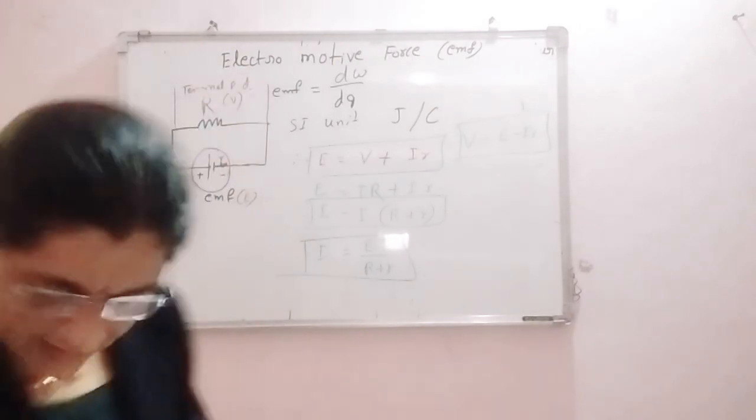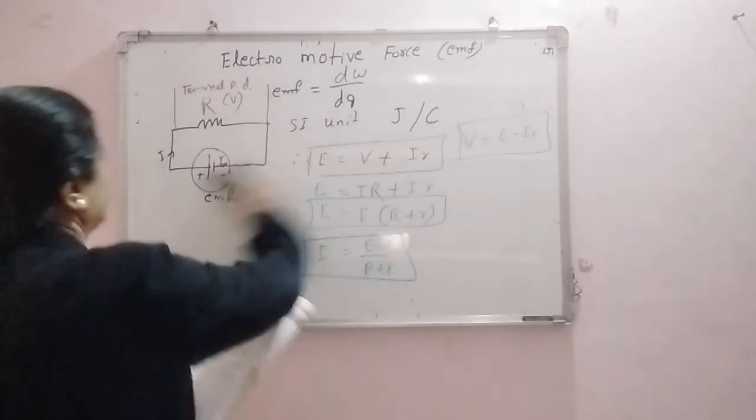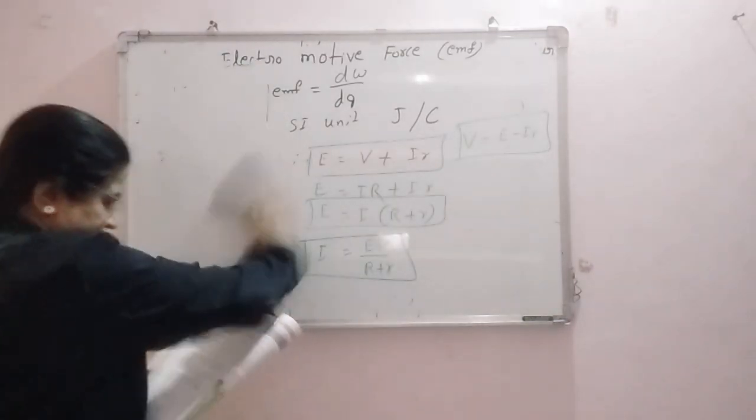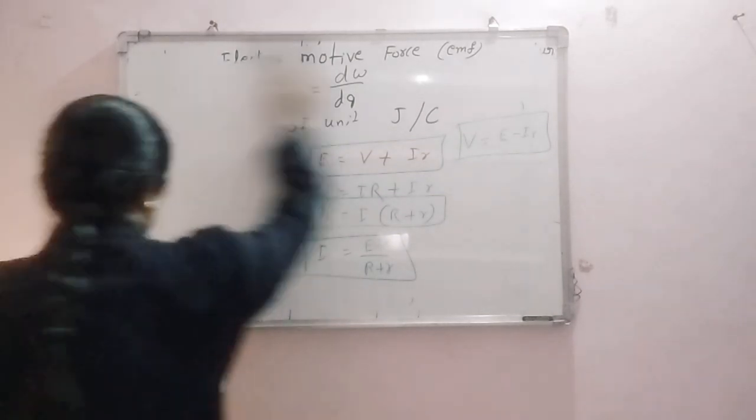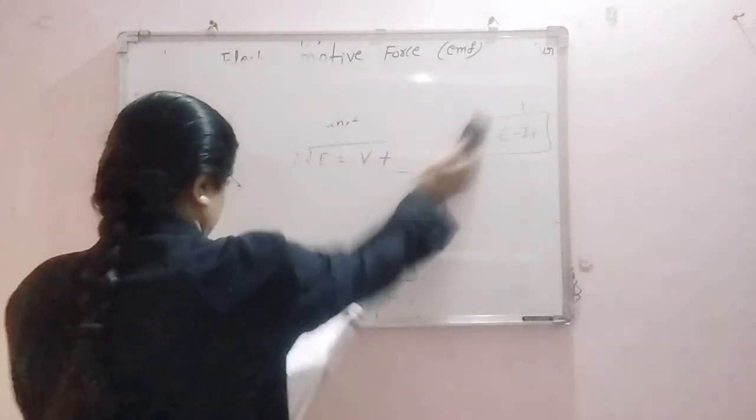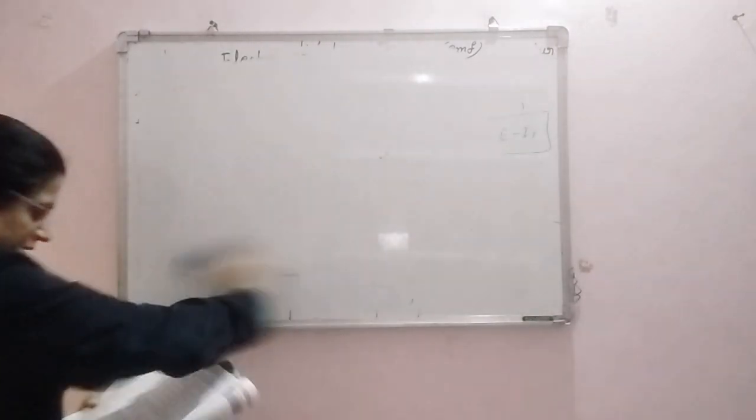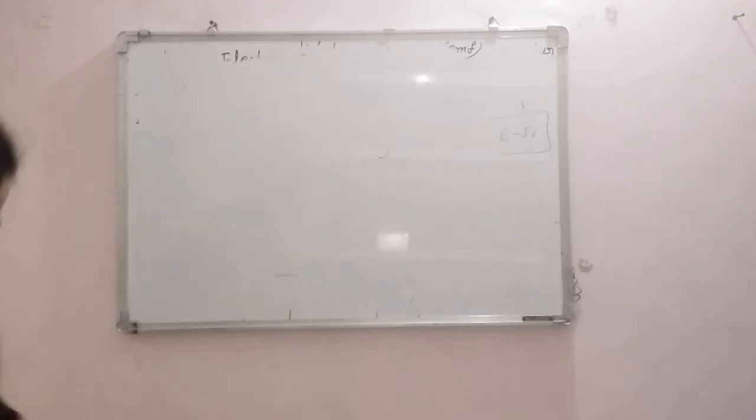A battery of EMF 12 volt and internal resistance of 3 ohm is connected to a resistor. If the current in the circuit is 0.5 ampere, calculate the resistance of the resistor, and calculate the terminal potential difference.